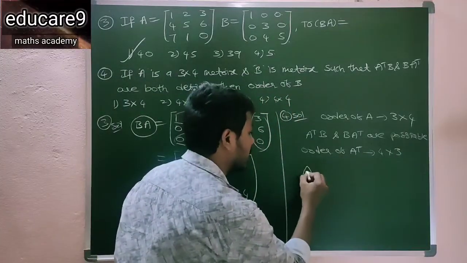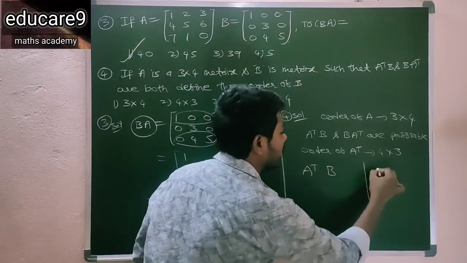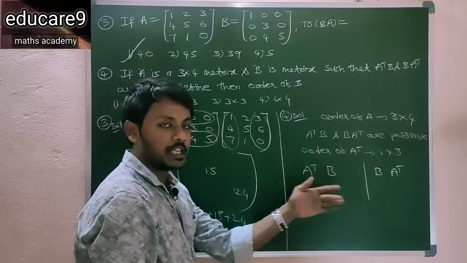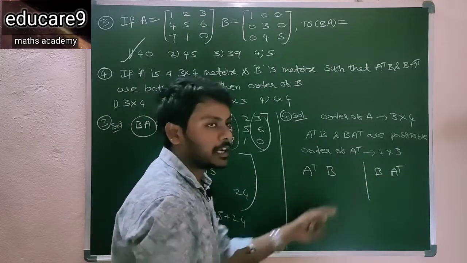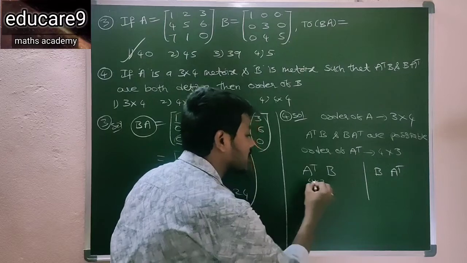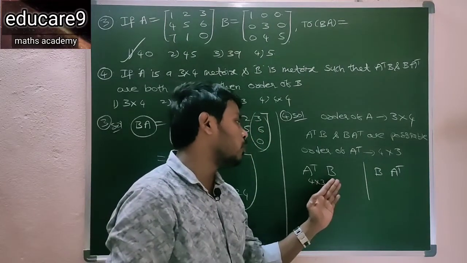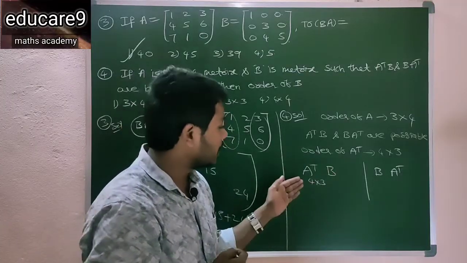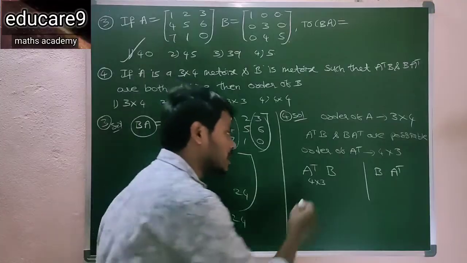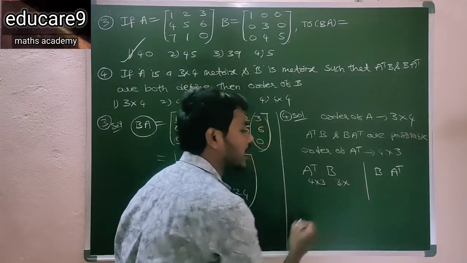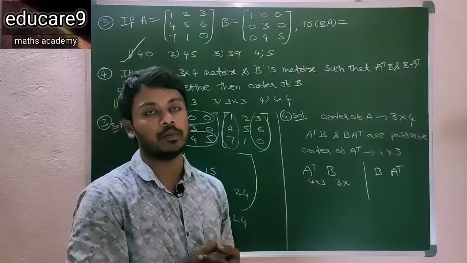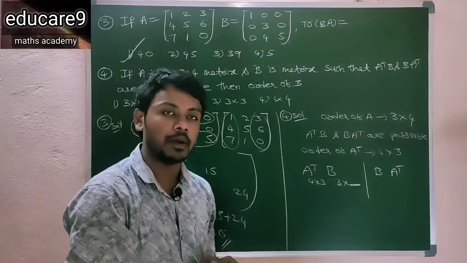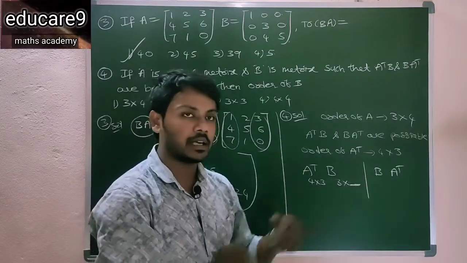Next here, A transpose B, and B into A transpose. Here the product is possible and the order of A transpose is 4 by 3. Whenever the product of two matrices is possible, the number of columns in the first matrix equals the number of rows in the second matrix. Next you need to find the columns in matrix B, using the second condition.